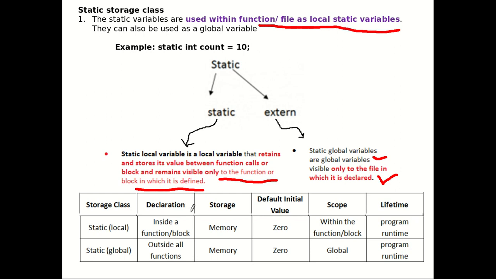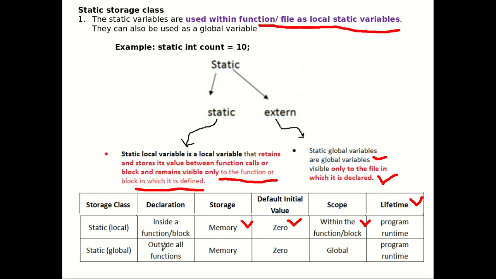The declaration in case of a static local variable is inside a function block, and the storage is allocated from memory, and variables are initialized with 0, and the scope is within the function or a block, and lifetime is until the program execution completes, means till program runtime that variable will be available.